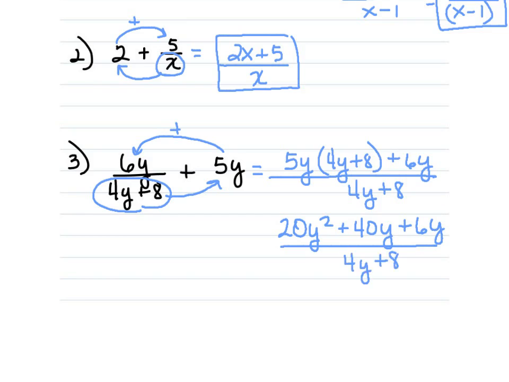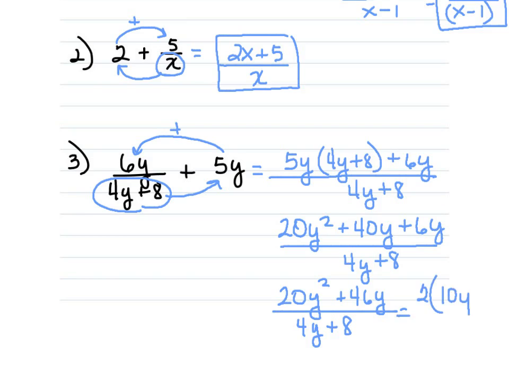We have 20y squared plus 46y over 4y plus 8. Okay, we can simplify this because there's a common factor of 2, and we have 10y squared plus 23y, and then here, common factor of 2, we have 2y plus 4, and so we can cancel out the 2's.